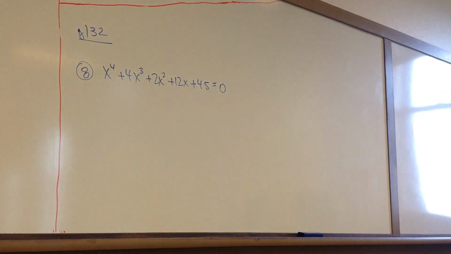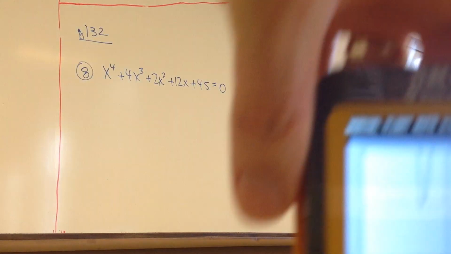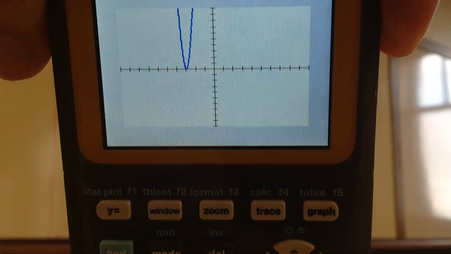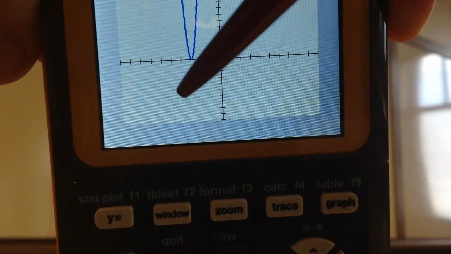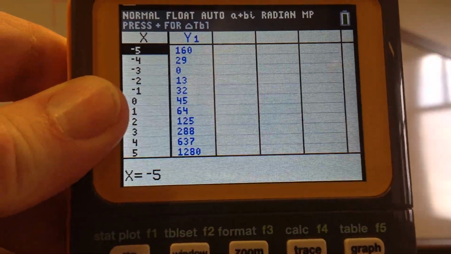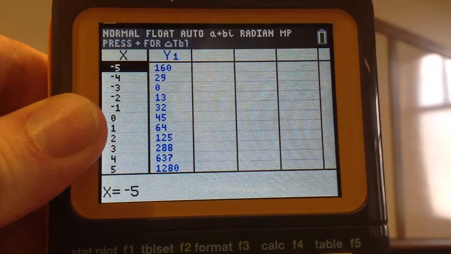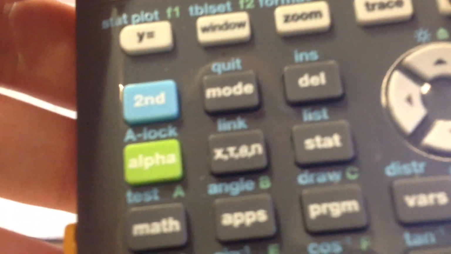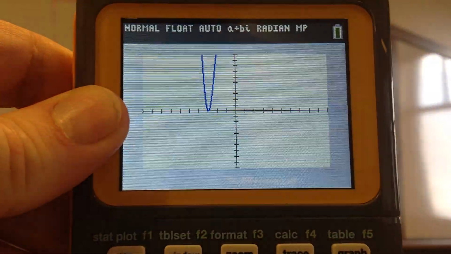So all we see in this one is that graph. It comes down and it touches right over here. It looks like -3. And again, we can go into the table. If we hit second graph, there's the table. And you can see at -3, y is equal to 0. But that's the only root that we see on there.